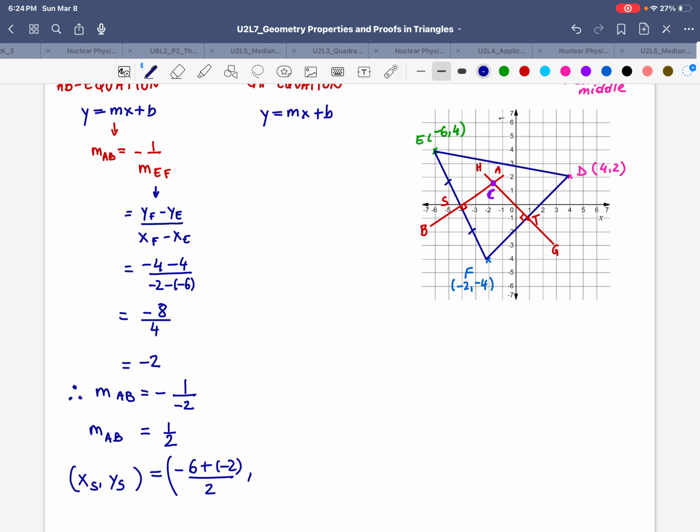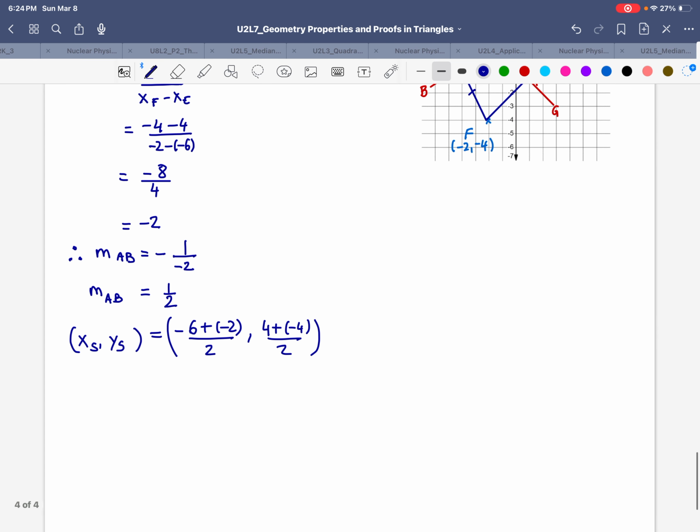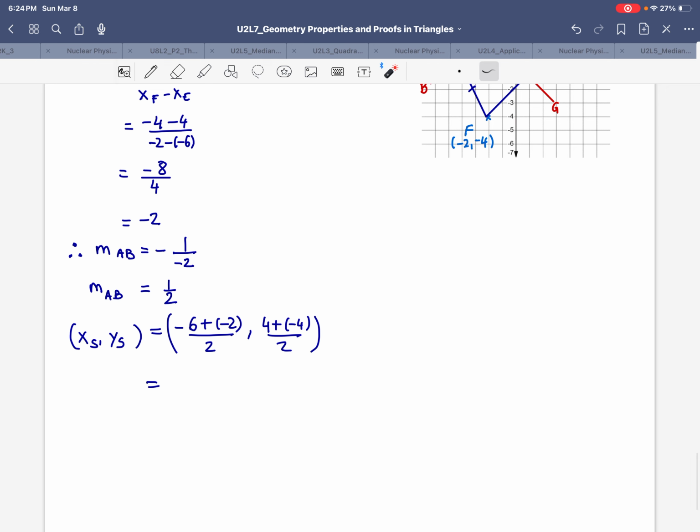For y, the average of the y's, 4 plus negative 4 divided by 2. So we have negative 8 divided by 2, that's negative 4, and 0 divided by 2, which is 0.